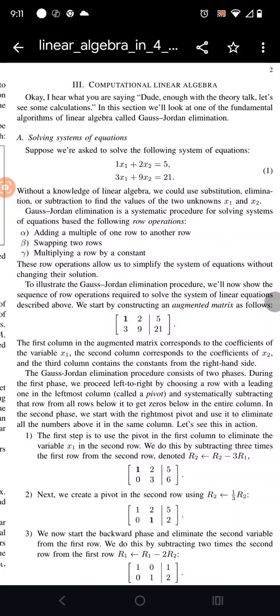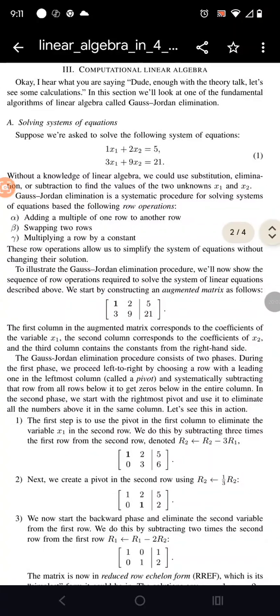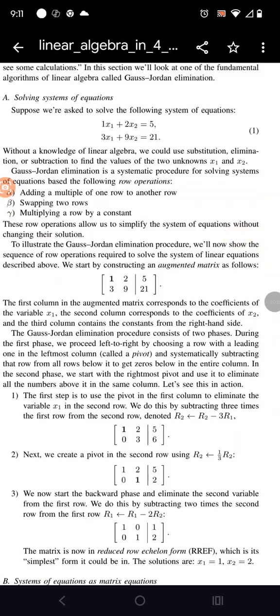Gauss-Jordan elimination procedure. The first step is to use the pivot in the first column to eliminate the variable x1 in the second row. So we have 1 and we have 3, so subtract row 1 three times from row 2, so the first column of the second row becomes 0.